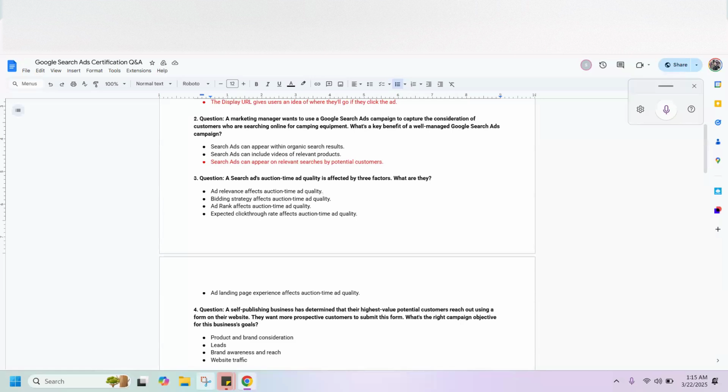Okay, got it. So landing page experience would encompass all those other metrics I just described, like bounce rate, how far down the page they scroll, and session time. If they engage on your page more, first by clicking the ad, ad relevance and CTR come first. Then they visit your landing page.